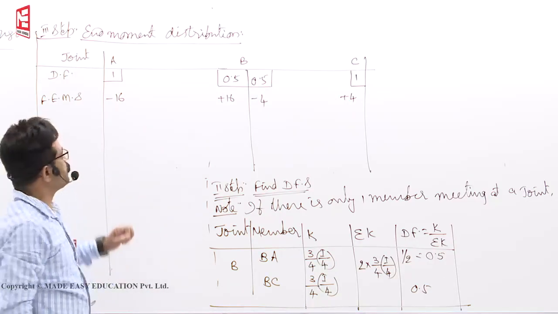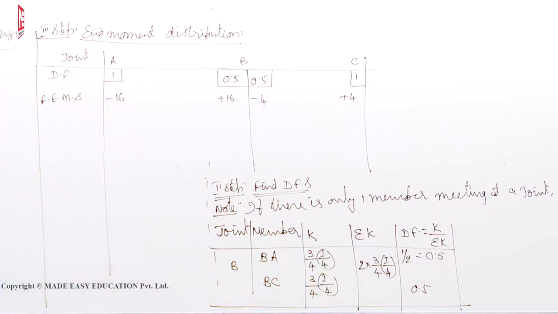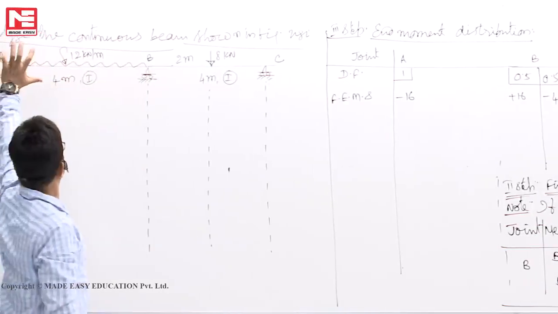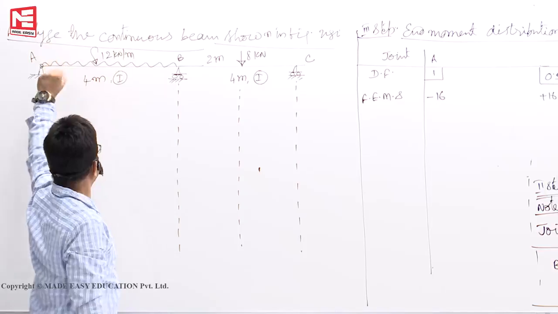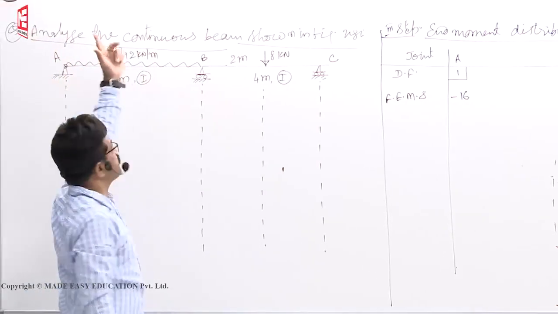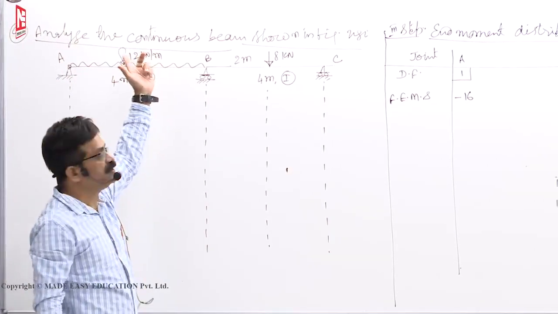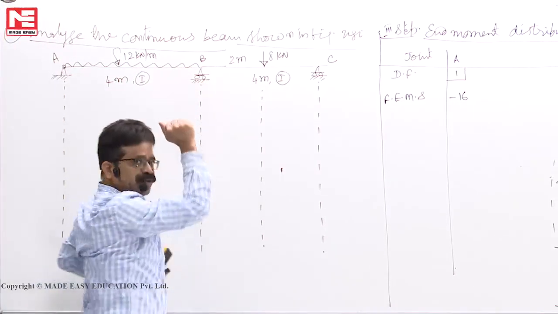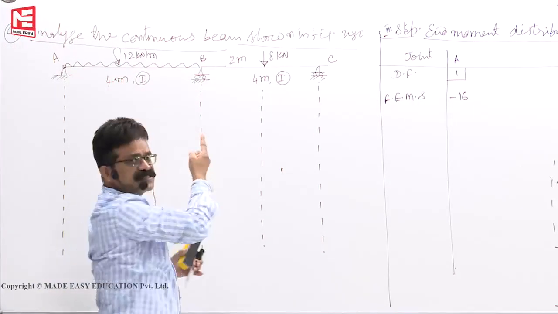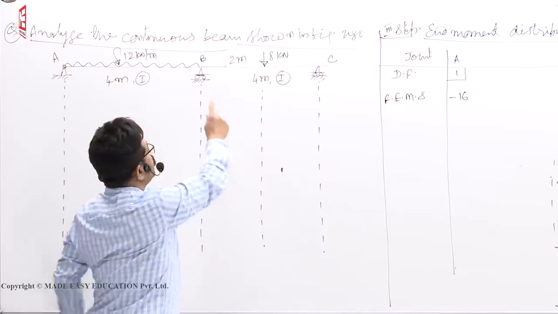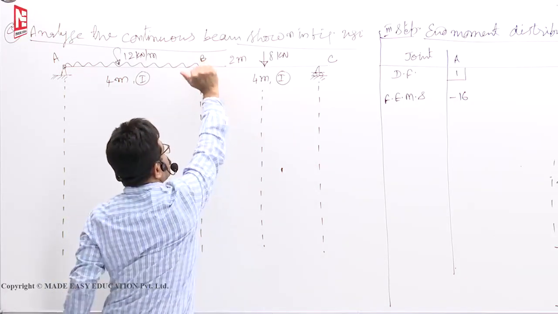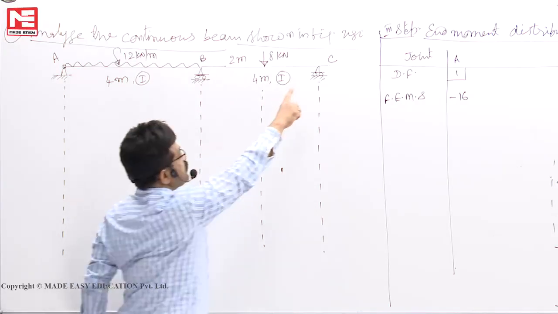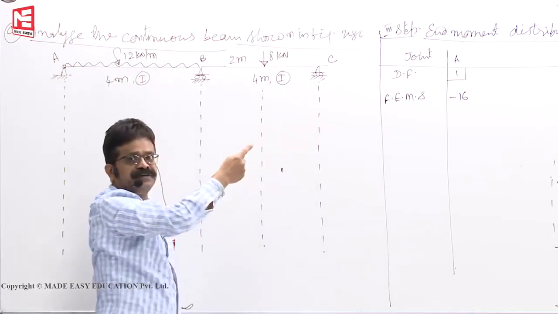What this line represents is this: at A, for the member AB, if I want to lock it, I have to apply minus 16 kilonewton meter. At B for the member BA, if I want to fix BA alone, I have to apply plus 16 kilonewton meter. At B for the member BC, I have to apply minus 4 kilonewton meter. At C, I have to apply plus 4 kilonewton meter.